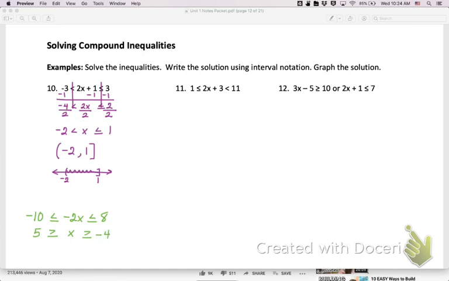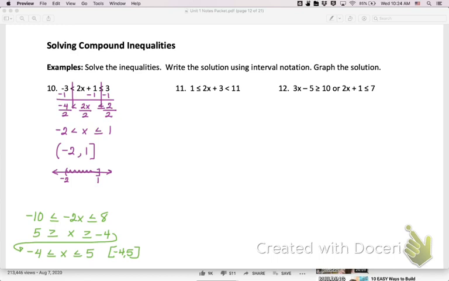That is fine, but in an and inequality, we always list our answers from least to greatest. So if you end up with something like that, remember it should always go lower bound, upper bound. We need to reverse this. So now it says negative 4 is less than or equal to x, less than or equal to 5, which would be the interval negative 4 to 5. So just something to watch out for there with your compound inequalities.